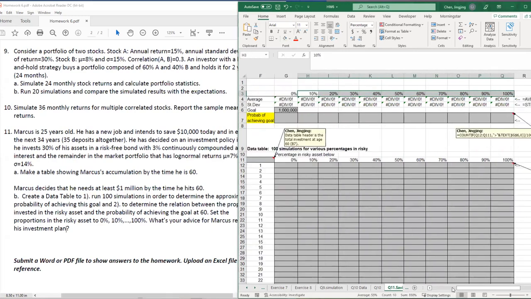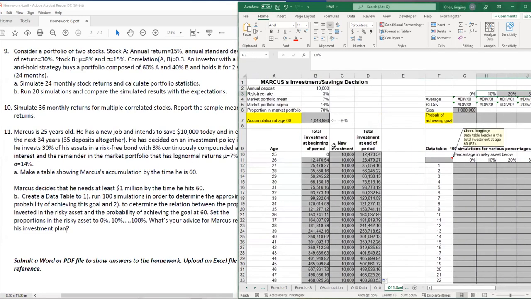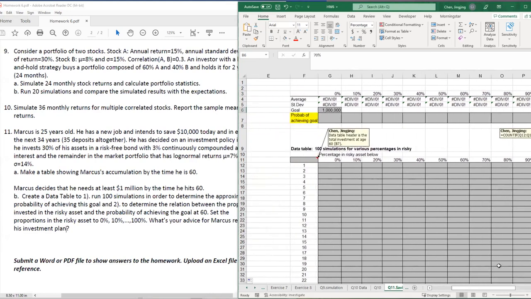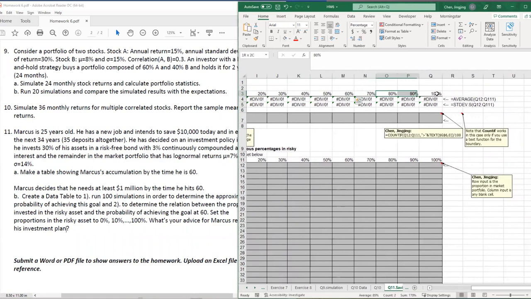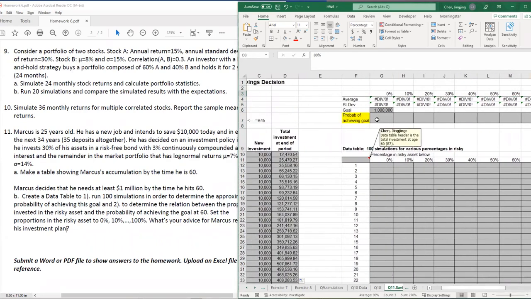We're going to change the proportion of this investment plan invested into the market portfolio. Currently it's 70%, which is here. And we will change this, reduce or increase the percentage invested into equity, to see how the probability of achieving the goal changes according to this asset allocation.